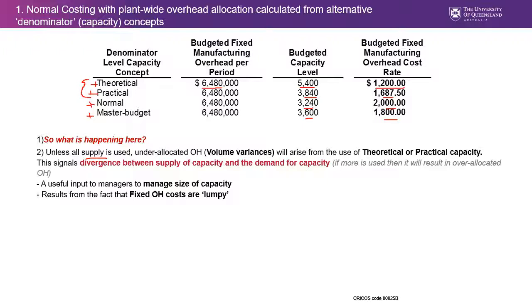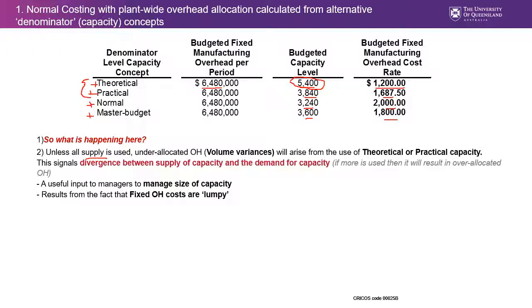So if you use theoretical capacity, but you only produce and sell 3,600 units, you're going to under allocate your overhead because you have created a rate that used a much higher denominator than you actually produce and sell.